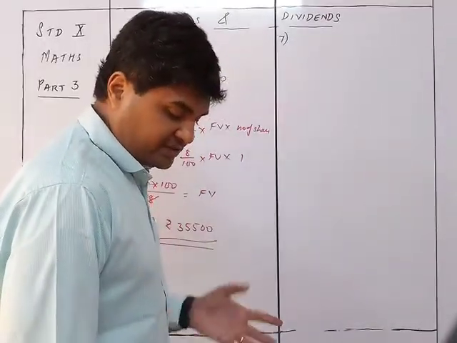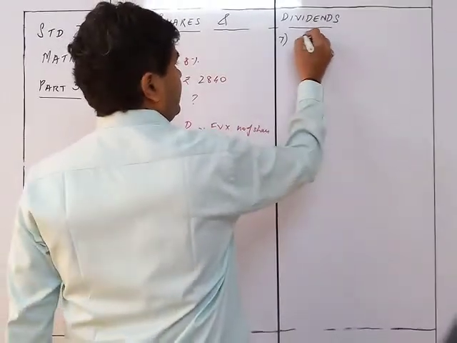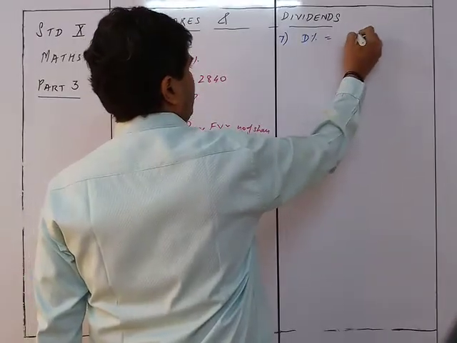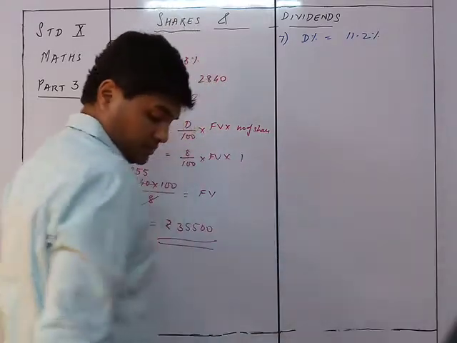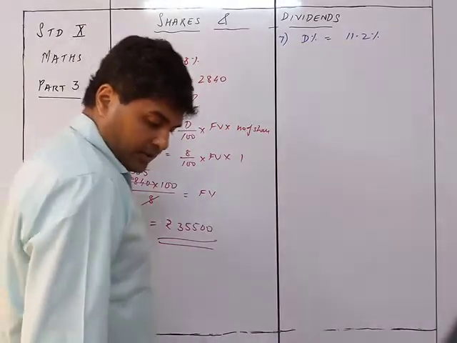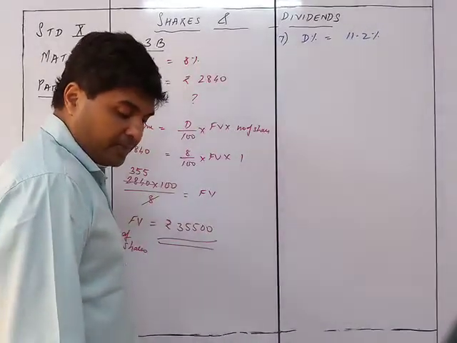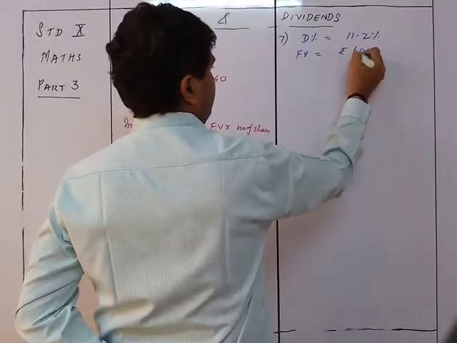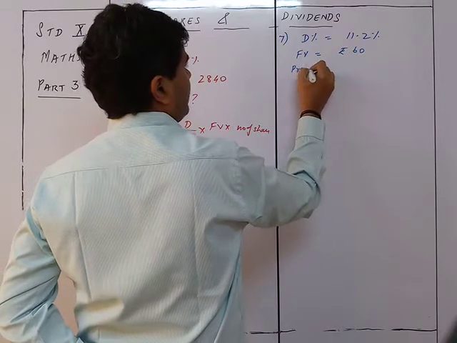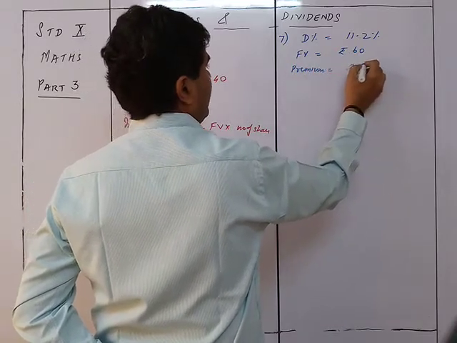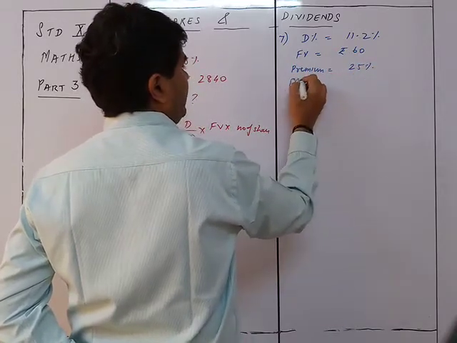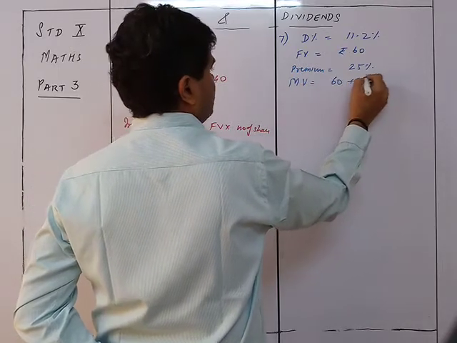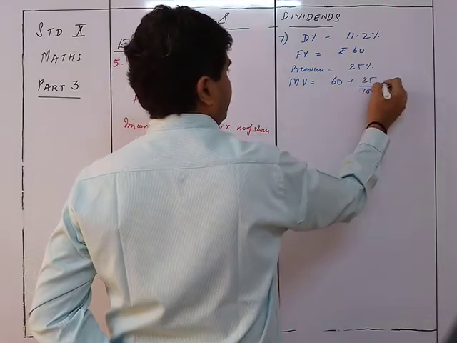So first is this dividend percent. Dividend percent is equal to 11.20%. If its 60 rupees shares are available in market at premium of 25%, so FV is equal to rupees 60, premium is equal to 25%, so MV is equal to 60 plus 25 upon 100 into 60.